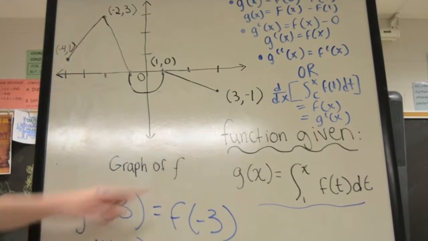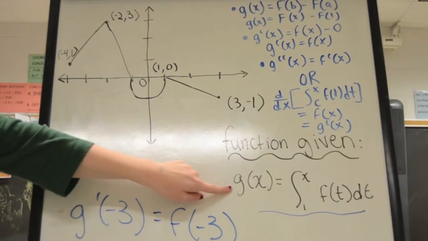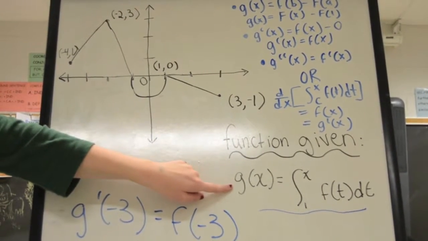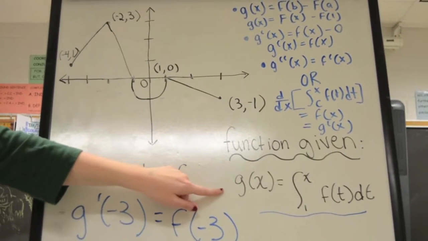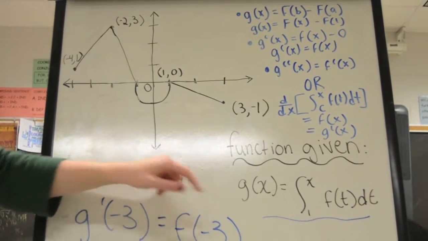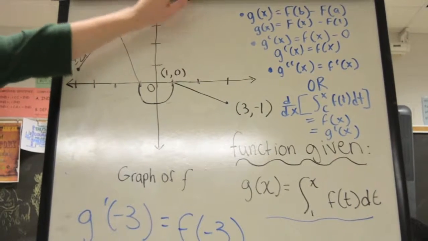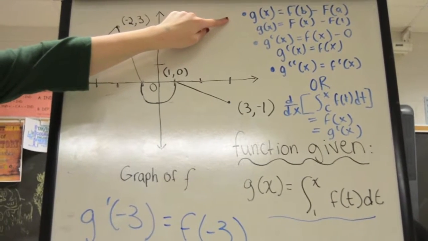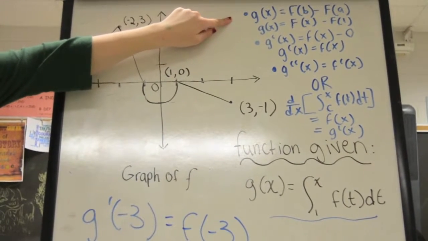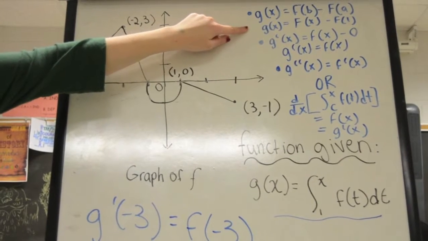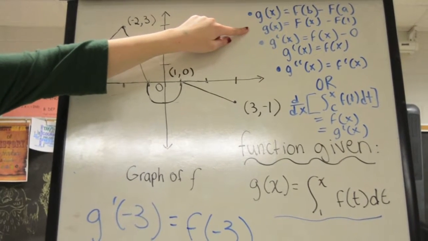With the information given in this problem, we know that g of x is equal to the integral of f of t from 1 to x. According to the fundamental theorem, the integral equals F of b minus F of a. So with the original problem, g of x equals F of x minus F of 1.